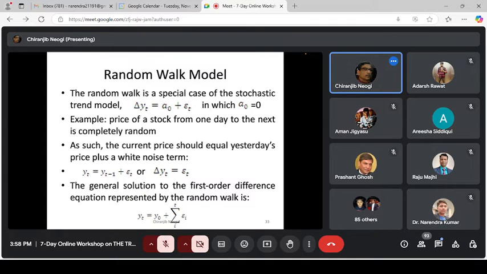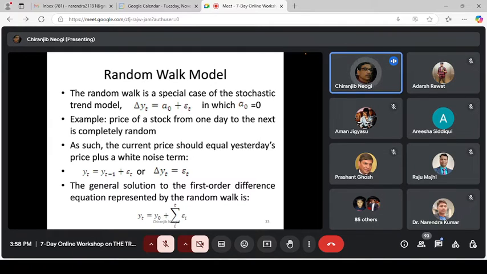Suppose, for example, the price of a stock from one day to the next is completely random. As such, the current price should be equal to yesterday's price plus a white noise term.